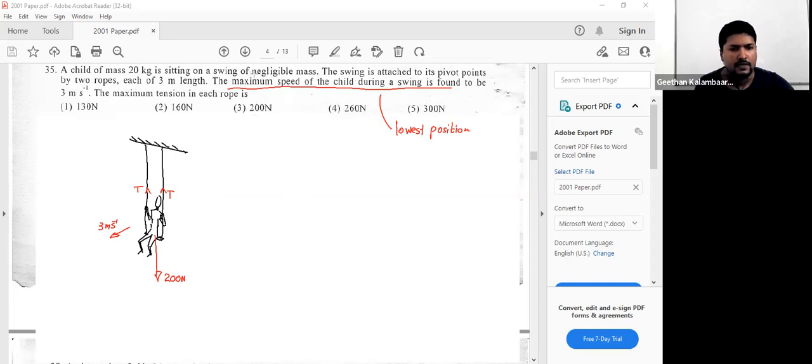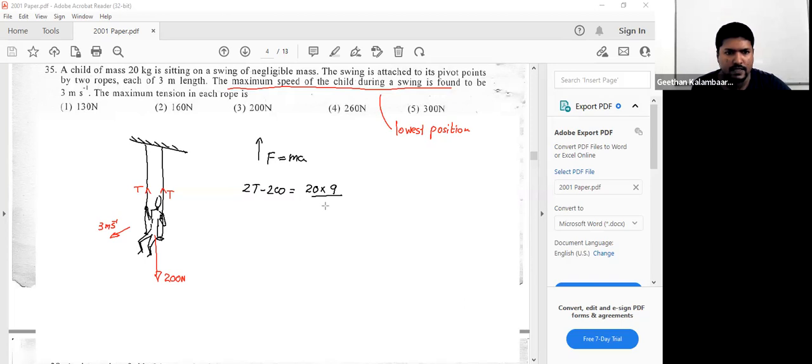Okay. So what we can do is apply F equals ma towards the center, or upwards, let's say. So the force acting upward is 30, downward is 200, and 30 minus 200 is the centripetal force which supports the motion. Mass is 20 kilograms. V squared is 9, over R, radius.